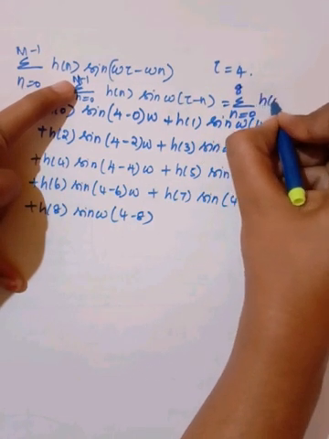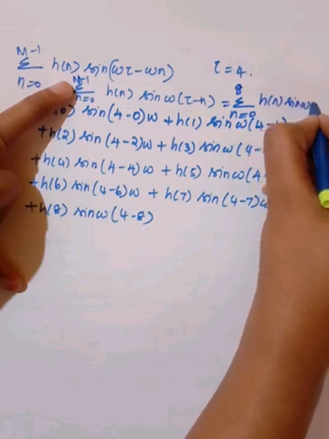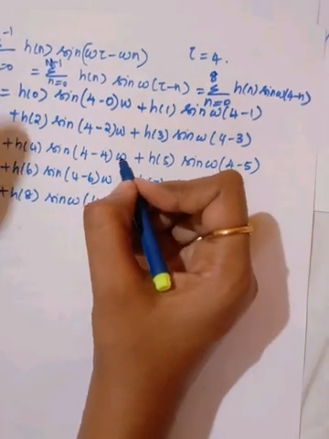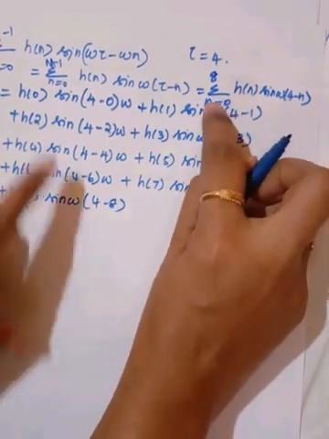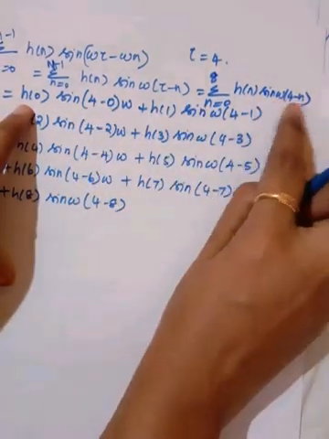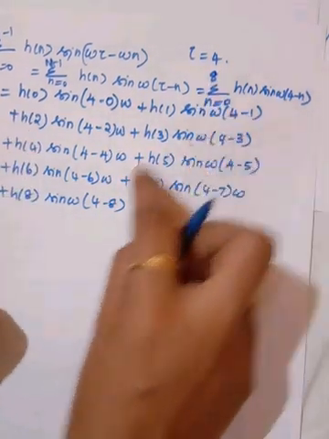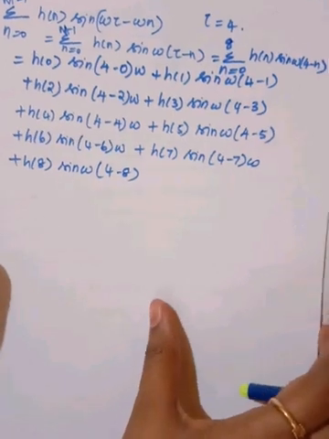So we have the sum of h of n sine omega times (4 minus n). Now I am substituting the different values of n, so h of 0 sine (4 minus 0) times omega, and similarly from 0 to 8. So I will get this relation.